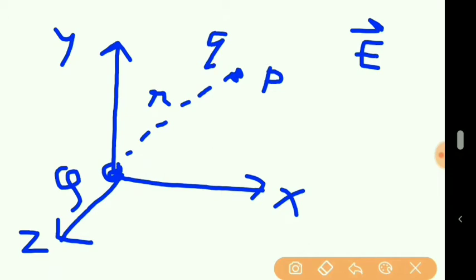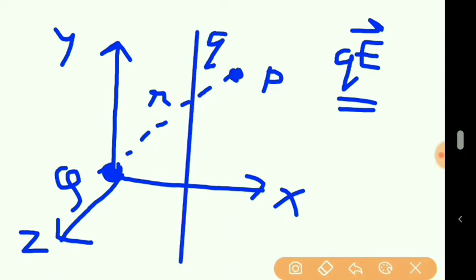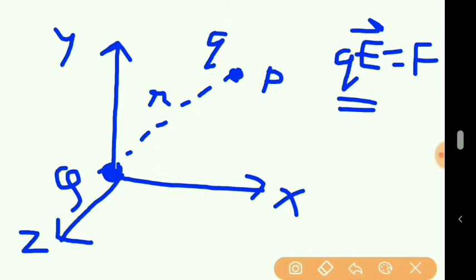In this case we can say that a charge q is placed in an electric field of charge capital Q, that means q into E. So if we'll put a charge q here, then in that case force will act on this charge. So it is clear that if a charge is there then there will be force, and if there is no charge, then there is an electric field.